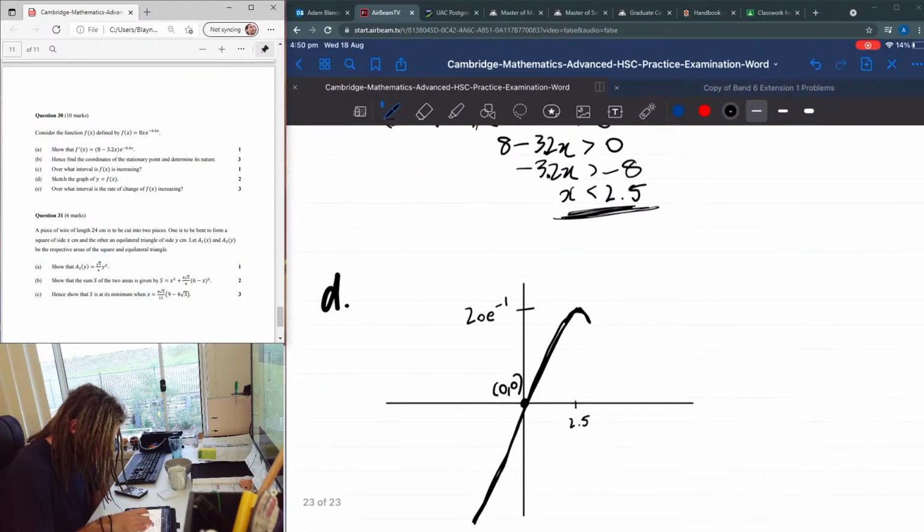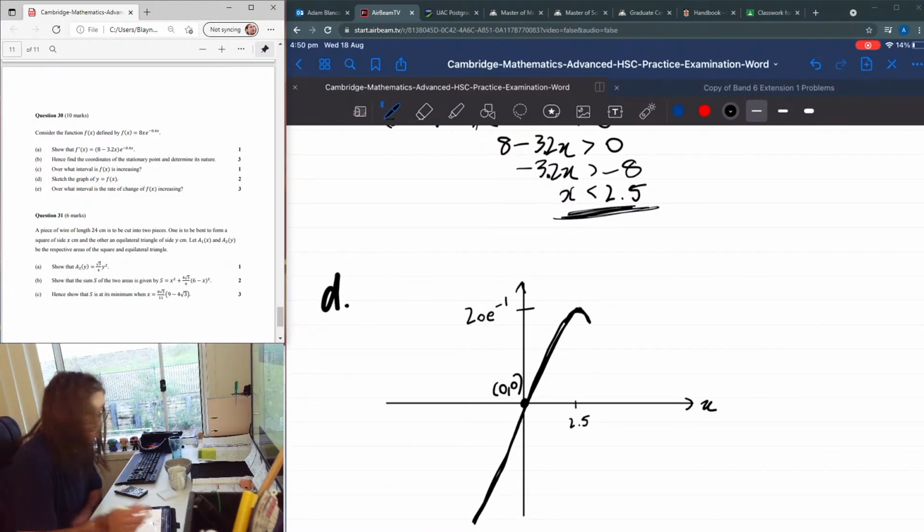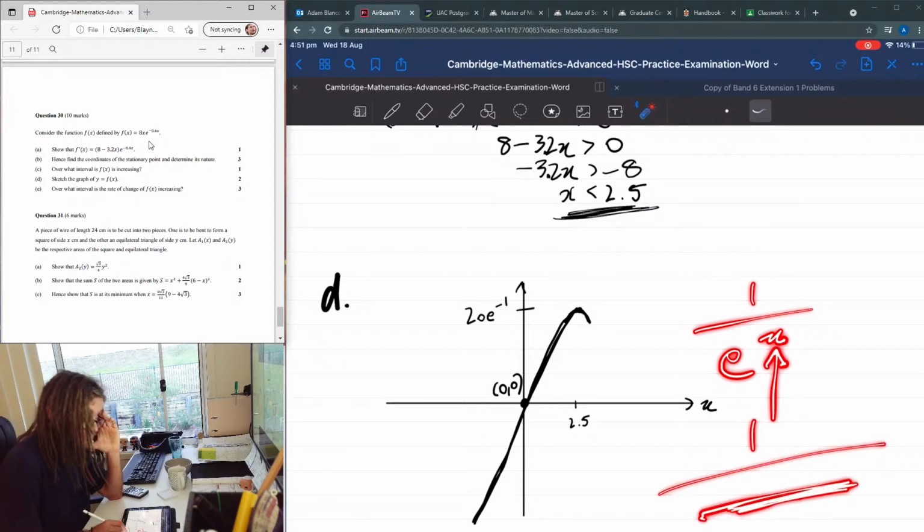I just think about what happens as x gets really big. If I shoved a massive x into this, just disregard the 8x for a second. If you put a massive number in a power with that minus there, it's kind of like 1 on e to the x, so you're making the thing a massive fraction. 1 on massive is tiny.